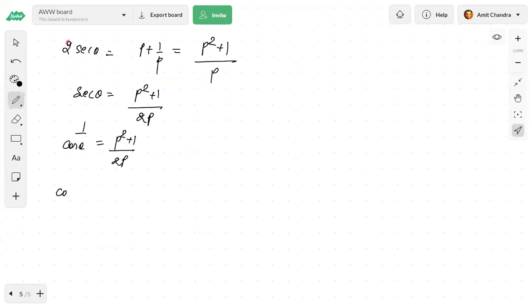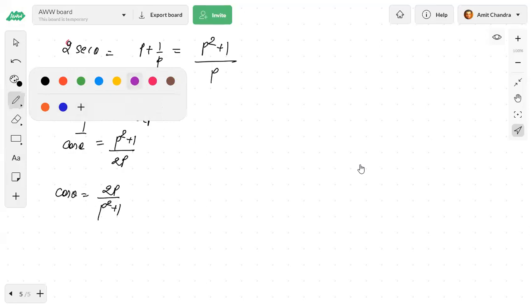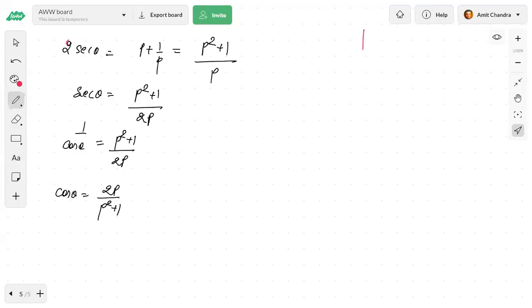So from here cos theta will be equal to 2p by p square plus 1, right? If I form a triangle now, okay, so if this is a right angle triangle, this is theta, or you can use the identity also. Cos square theta plus sin square theta is equal to 1. You can use anything, but in this case, I'm drawing a triangle.